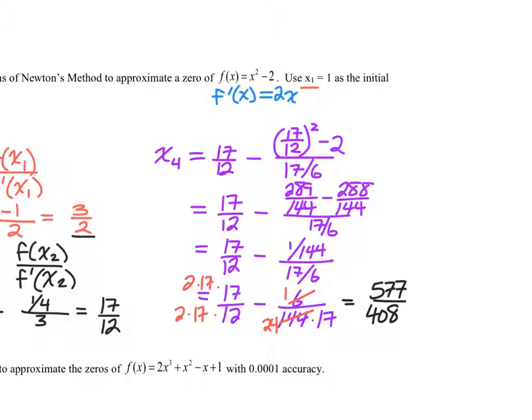Hopefully it's right. Anyway, let me show you how to do it on the calculator, so at least in the early goings you can check your work. And the calculator approach will check this for us, so when it turns out that I screwed this up, it'll show up over here. So go to your Newt program.